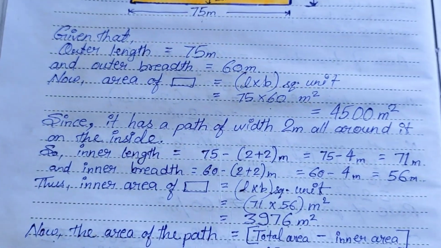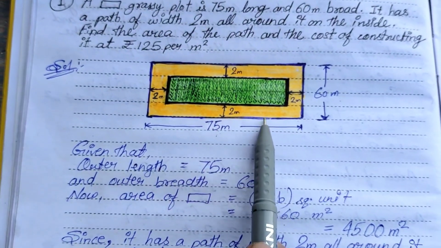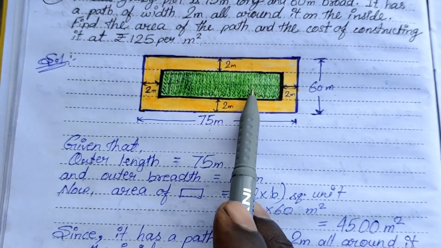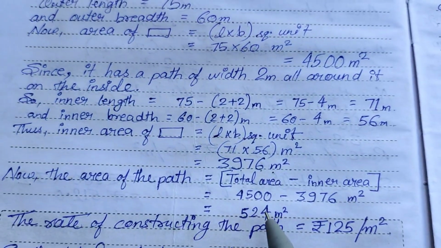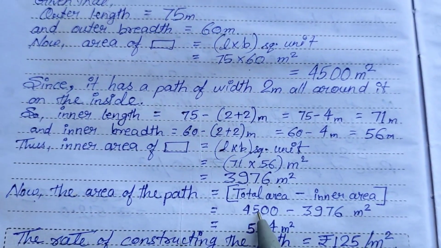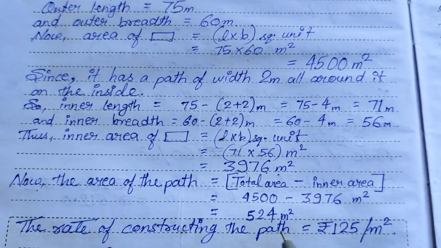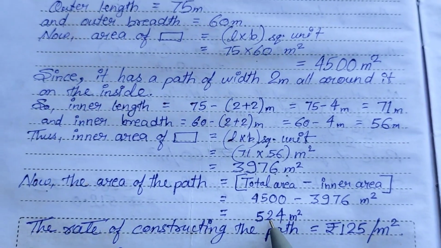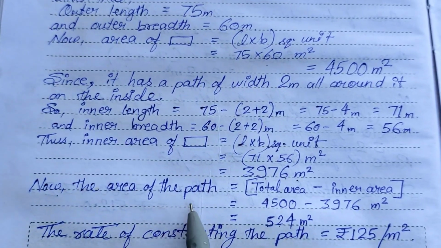Now to find the area of the 2 meter path, you have to subtract the area of the grassy plot from the total area. Total area is 4500, inner area is 3976, you subtract it and you get 524 meter square, the area of the path.